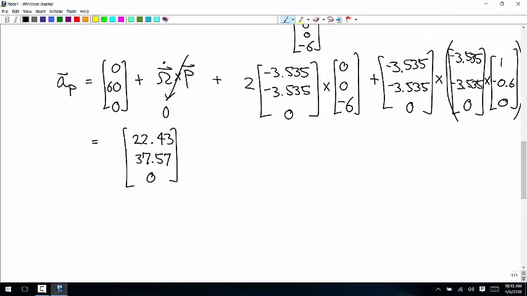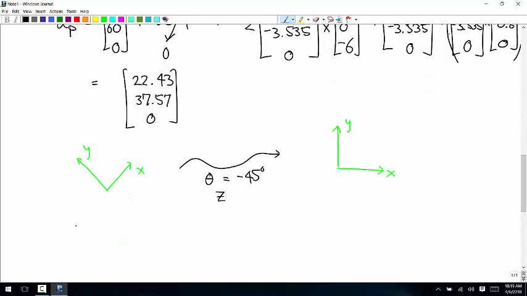So if we have this coordinate system and we want to go to this one, that's a negative 45 degree rotation about the z-axis.